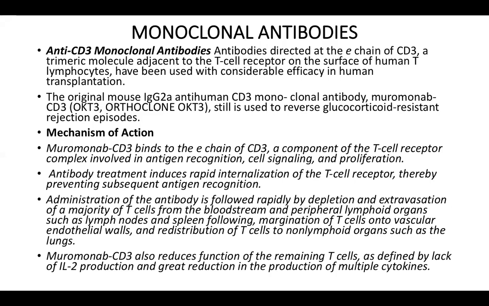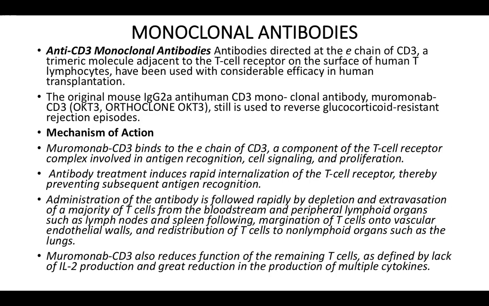Administration of the antibody is followed rapidly by the depletion and extravasation of a majority of T cells from the bloodstream and peripheral lymphoid organs such as lymph nodes and spleen, following the marginalization of the T cells into vascular endothelial walls and redistribution of T cells to non-lymphoid organs such as the lungs.